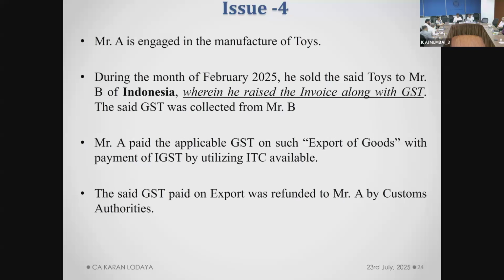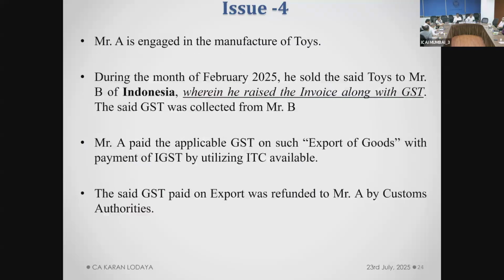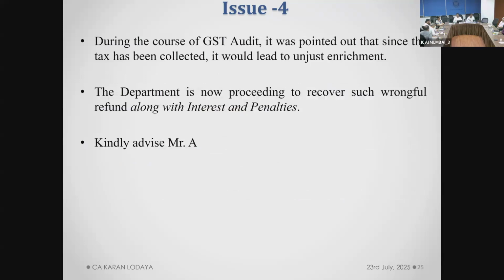Then A applied for a refund of export of goods with payment of IGST, and customs authority gave them the refund. Thereafter, an audit was carried out, and the audit party informed them that since this is unjust enrichment, you have already collected, charged and paid tax, you are not eligible for refund. So whether this contention is correct or not?